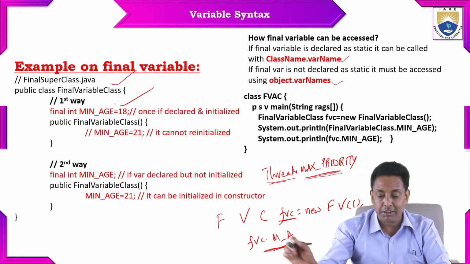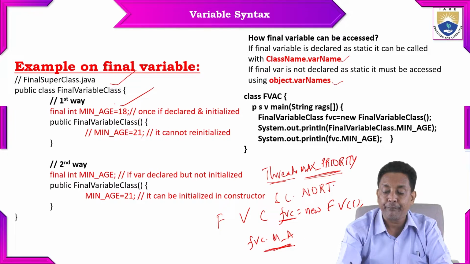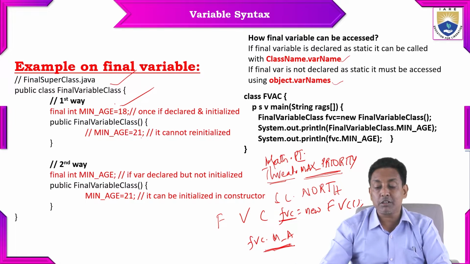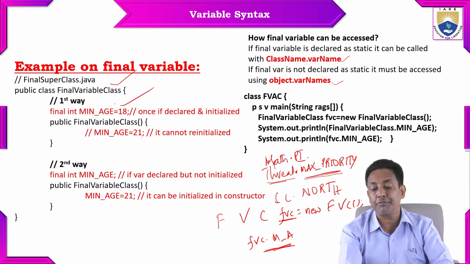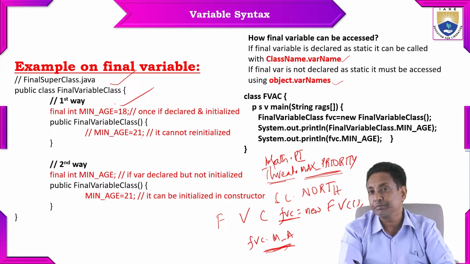You will find in all the occasions SwingConstants.NORTH_DIRECTION. Similarly, Math is a class, Math.PI. Most of the final variables we found are accessed by using class name dot variable name, but not by creating an object and object dot variable name.